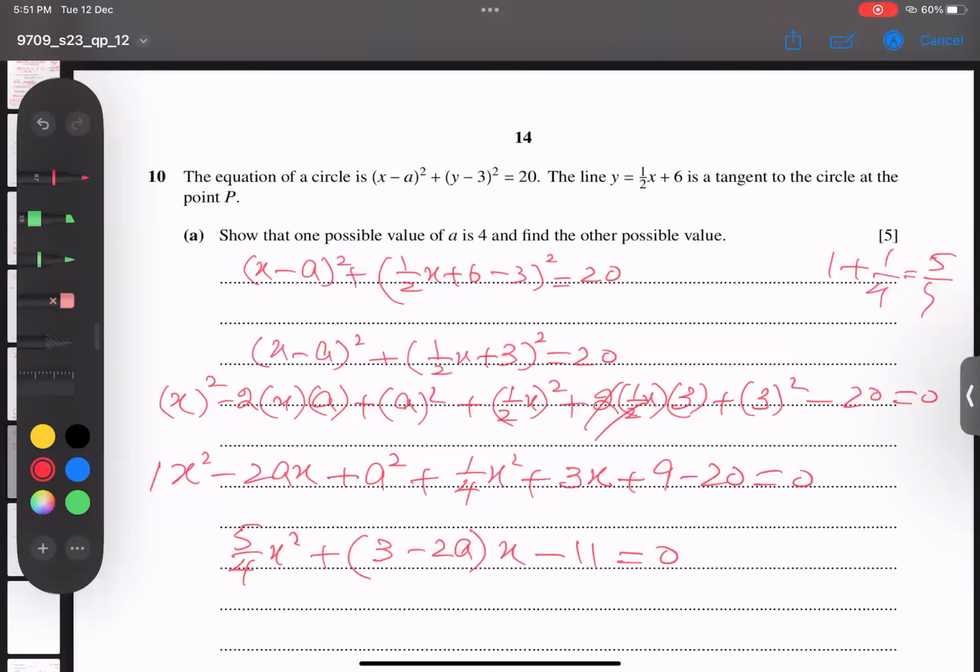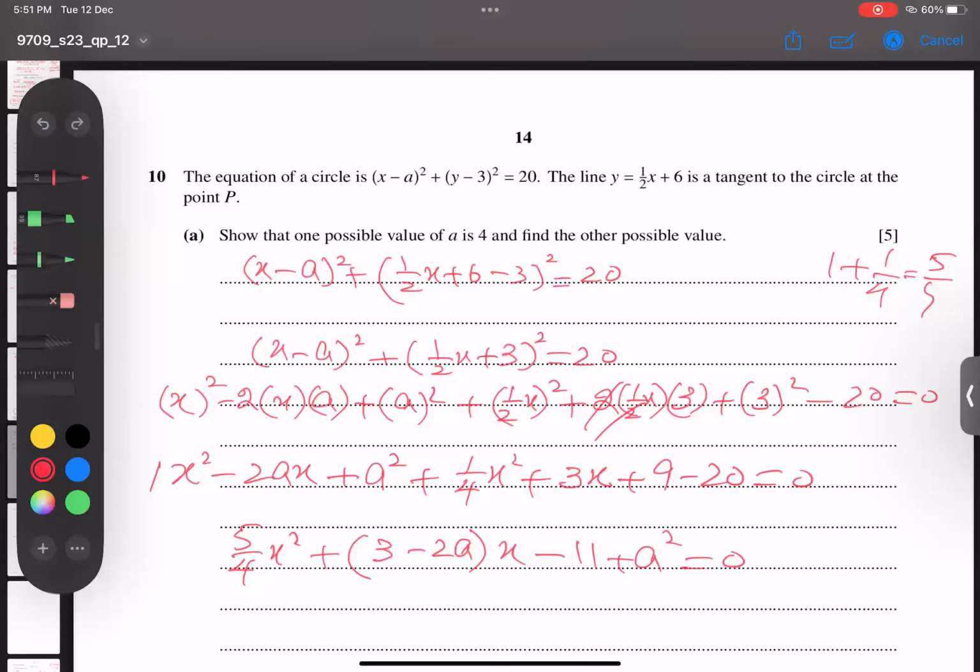Let me recheck; I'm sorry, I missed one thing: this a squared. I must write a squared as well. I repeat, this and this give you this. From here, x common, I get 3 and negative 2a, and 9 minus 20 gives negative 11, and plus a squared comes from here.